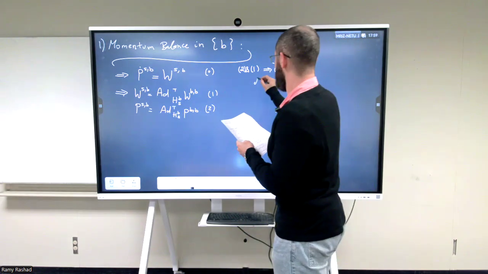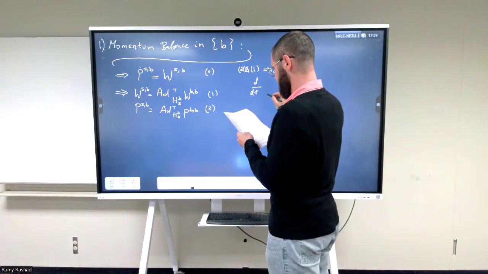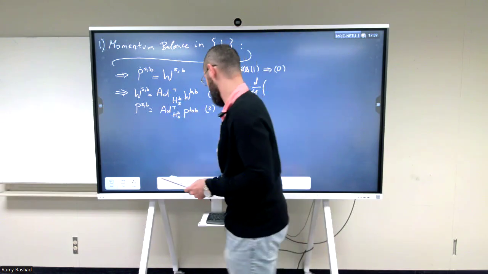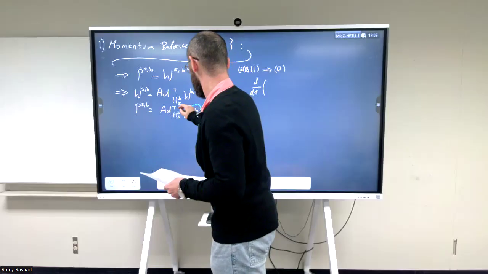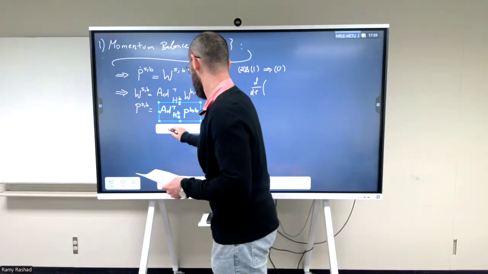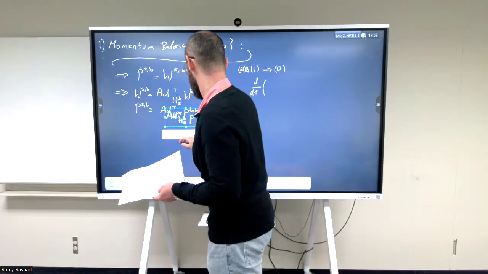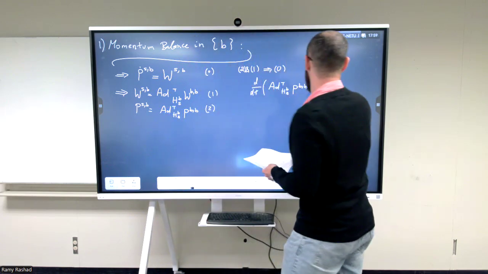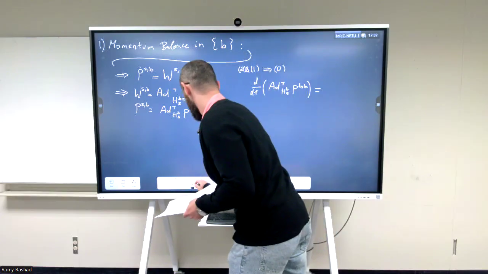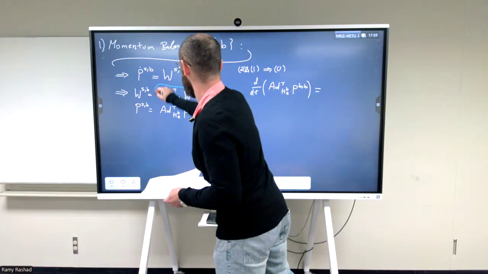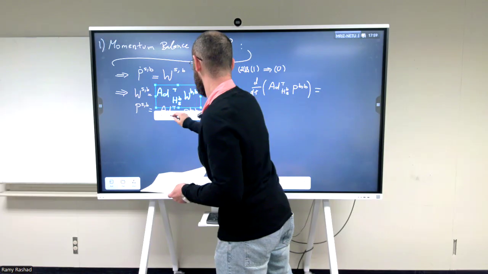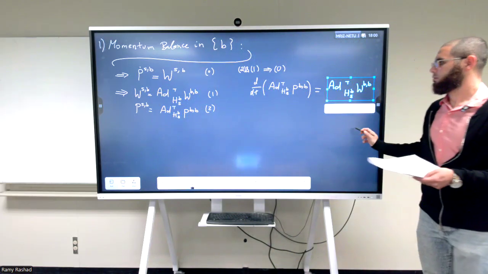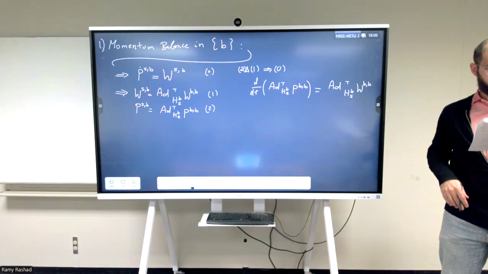We simply get that the d by dt of this expression is equal to that expression. Everyone agrees?